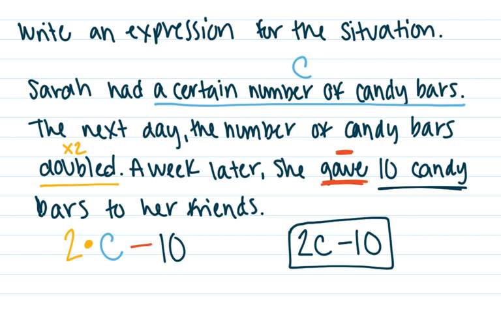What's really cool is when we write this expression, if they go on to tell us Sarah initially had 10 candy bars or whatever, we could plug a 10 in at this C right here, and then we can figure out how many candy bars Sarah has now. They don't give us that information. They just want us to write the expression, but that is something that we could potentially do if they gave us how many candy bars Sarah had to begin with. So we could plug that in and solve.